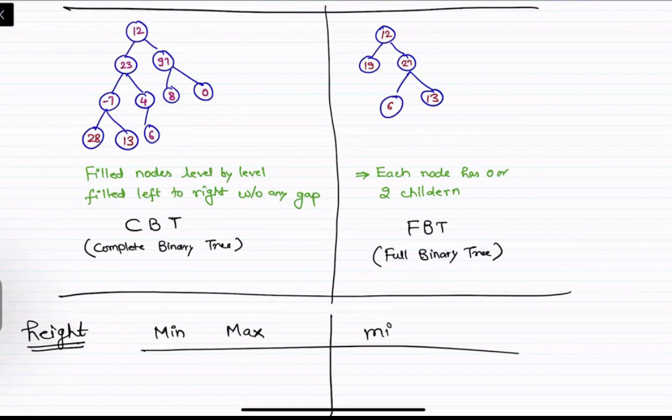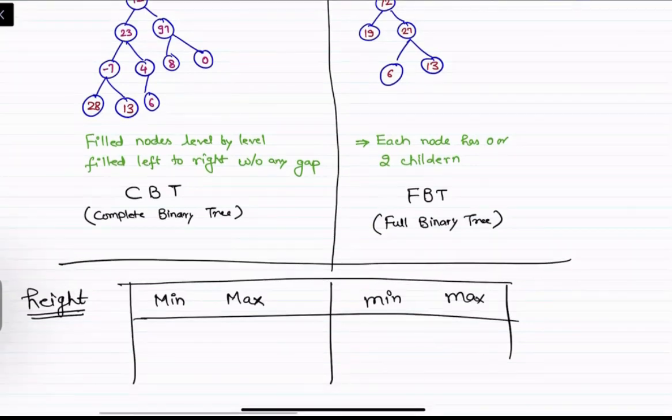And the same way for FBT, what is the minimum and maximum number of nodes. For example, if I give you height 1 and you have to draw a CBT, complete binary tree. If I say draw a tree of height 1, it should have only one level. What is the minimum number of nodes you need to create a CBT of height 1?